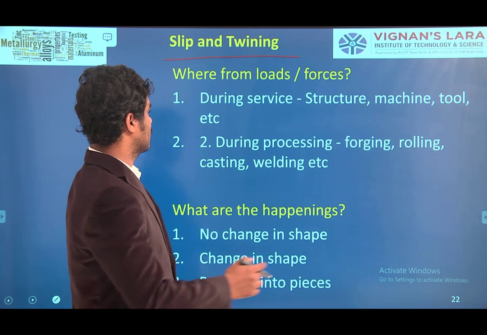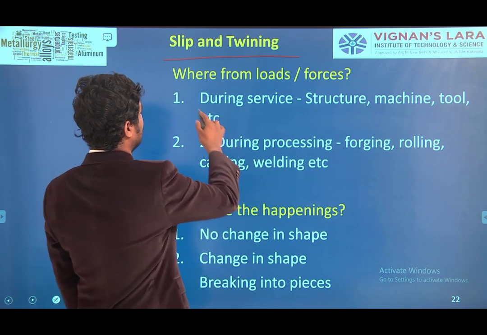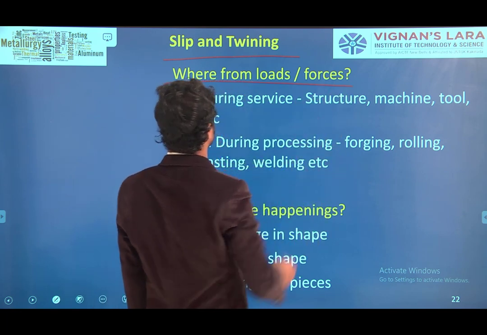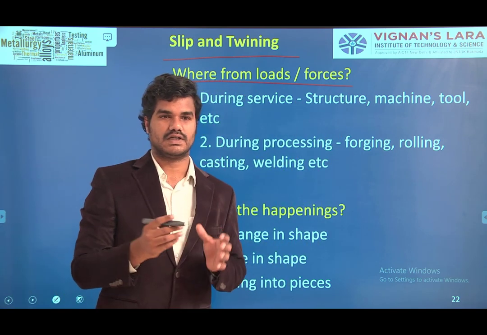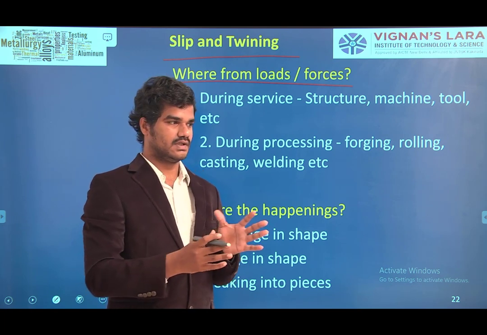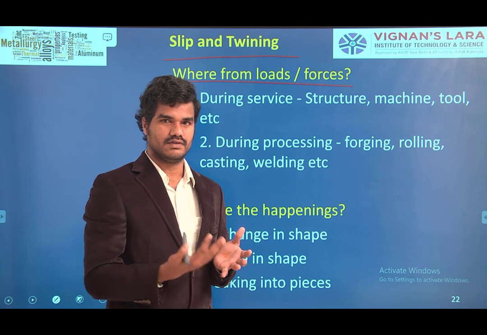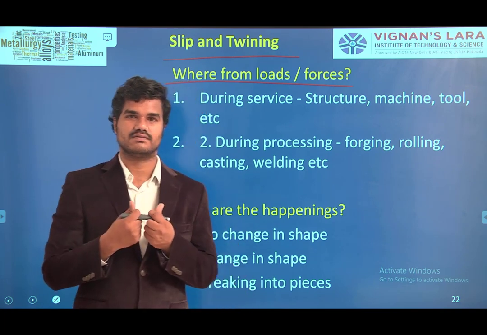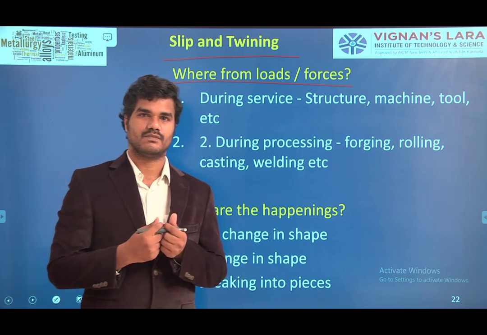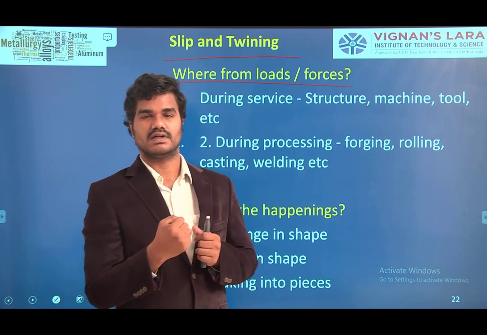During service, structures, machines, tools, etc. bear loads or forces. If you sit on a wooden table, it will deform when you sit. When you pull a rod, it will deform. When you hit one material with another, that also deforms.